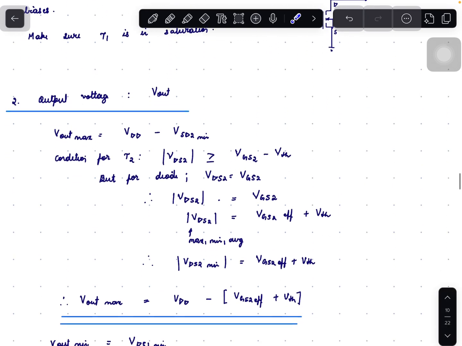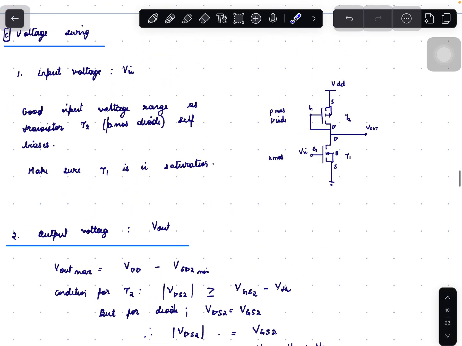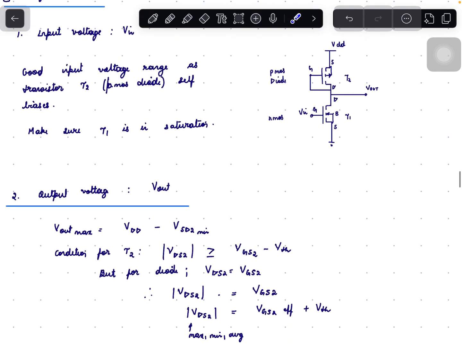Coming to the output voltage swing, the Vout maximum cannot be equal to VDD because this transistor T2 has to be in saturation. The condition of saturation for a PMOS diode, or for any transistor, is that VDS should be greater than VGS minus VTH.